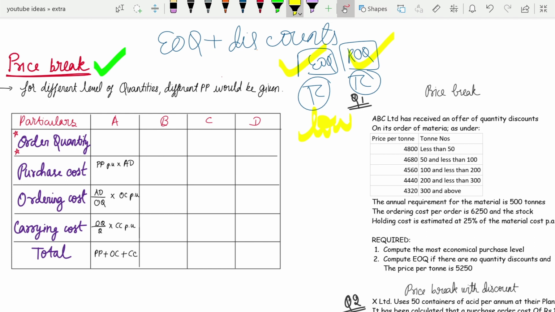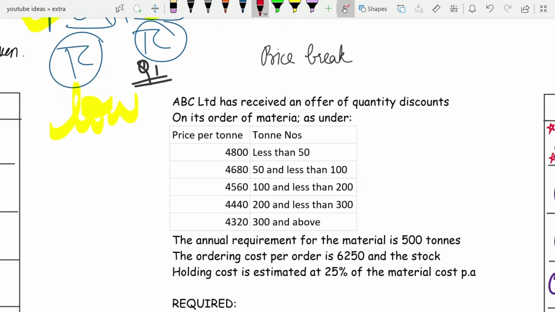Whereas in these questions, they are not going to give you one or two order quantities. Rather, they are going to give you a range of order quantities. What does a range of order quantities mean? Here, see, they have given you less than 50 tons, 50 and less than 100 tons, 100 and less than 200 tons.